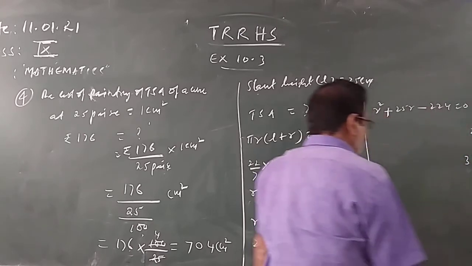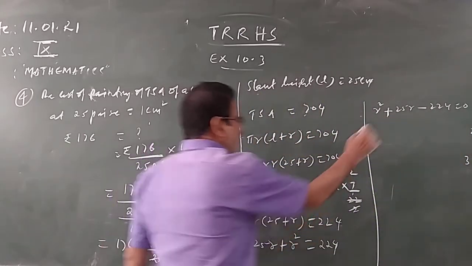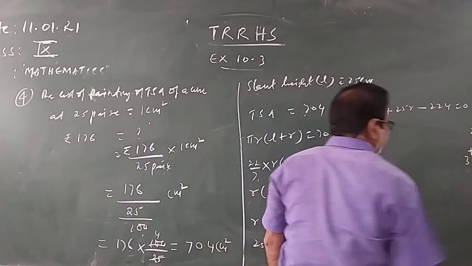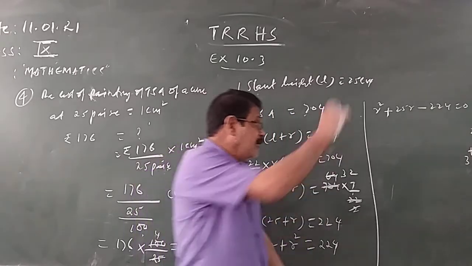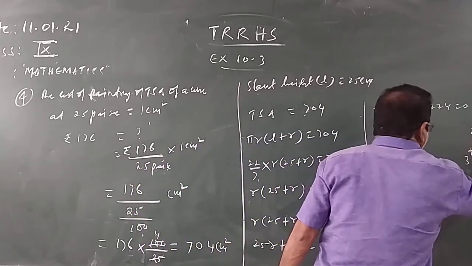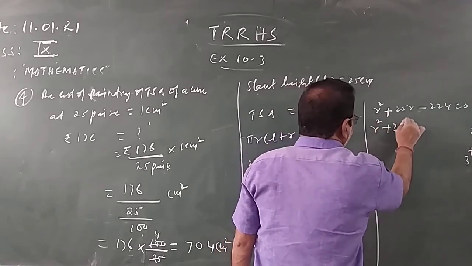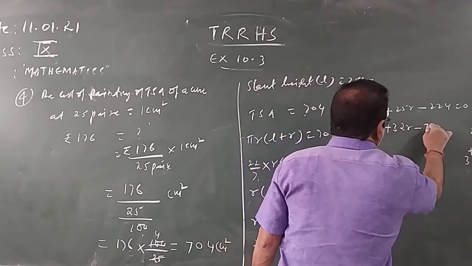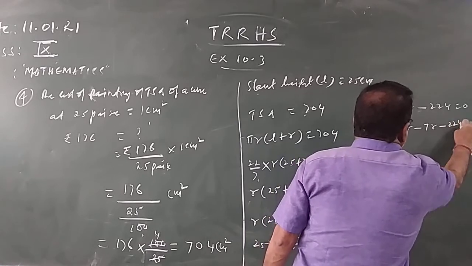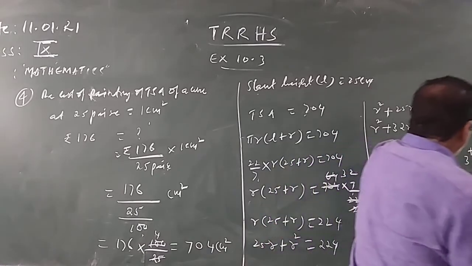Split 224 into factors 32 into 7. The middle term sign should be given to the greater factor. The constant is minus, so give the opposite signs: 32 minus 7 is 25. So r square plus 32r minus 7r minus 224 equals 0.